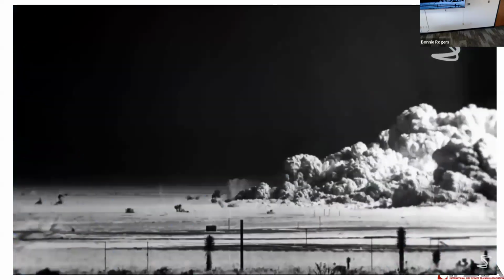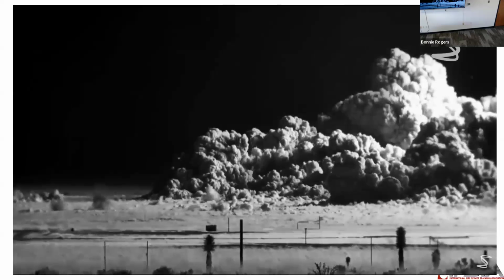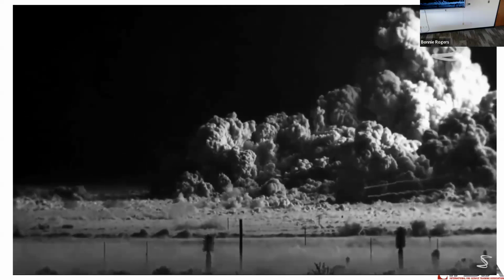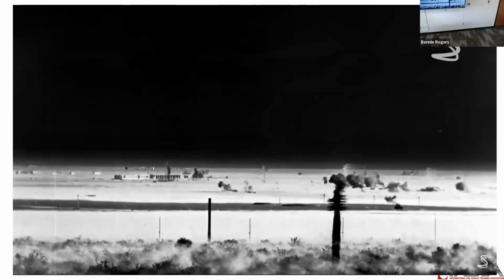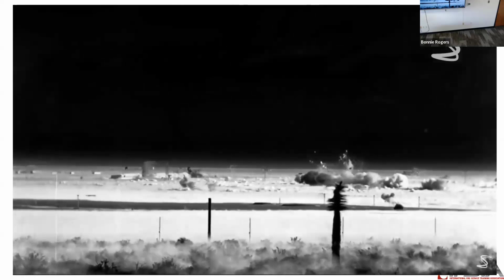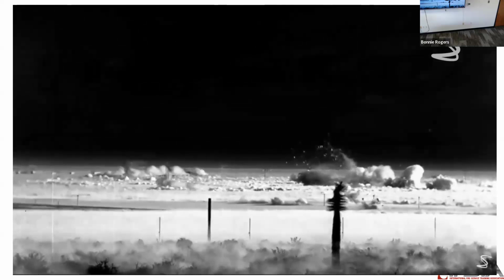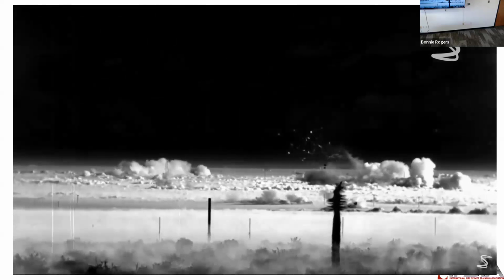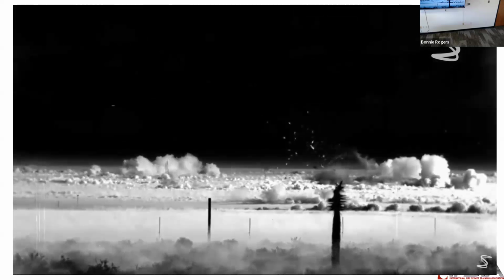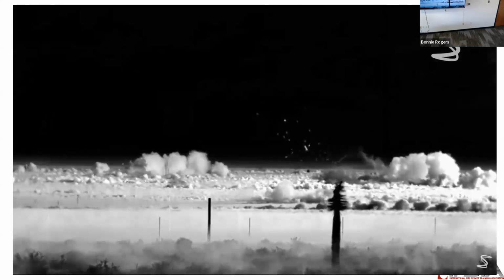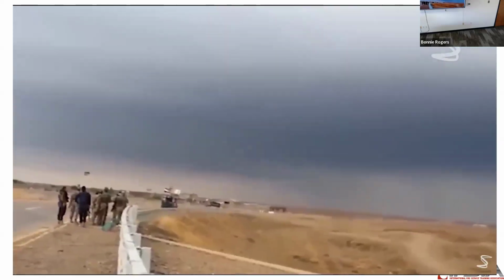The shock wave can travel through any medium, including air, water, and solid objects like buildings and walls. When the shock wave reaches an object, it applies a sudden pressure that can cause damage or destruction. Scientists measure the force of a shock wave in pounds per square inch, psi.